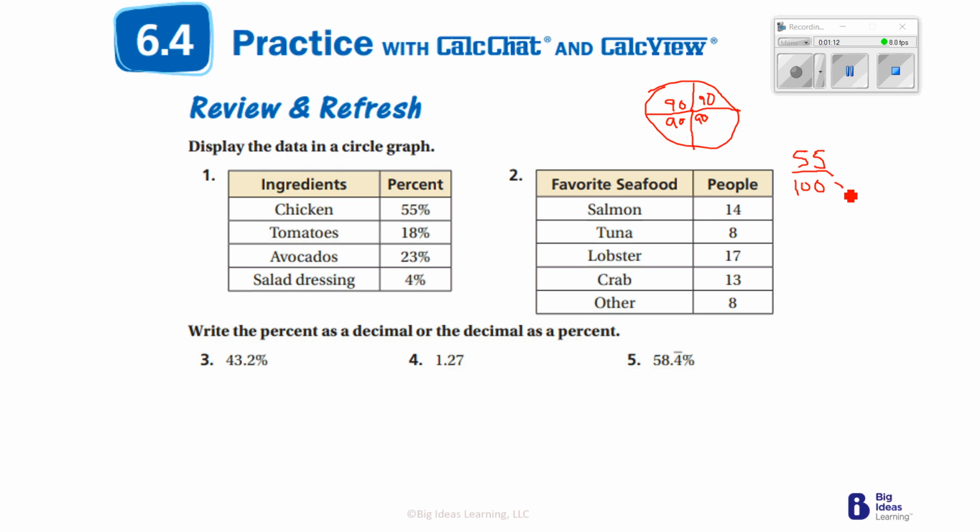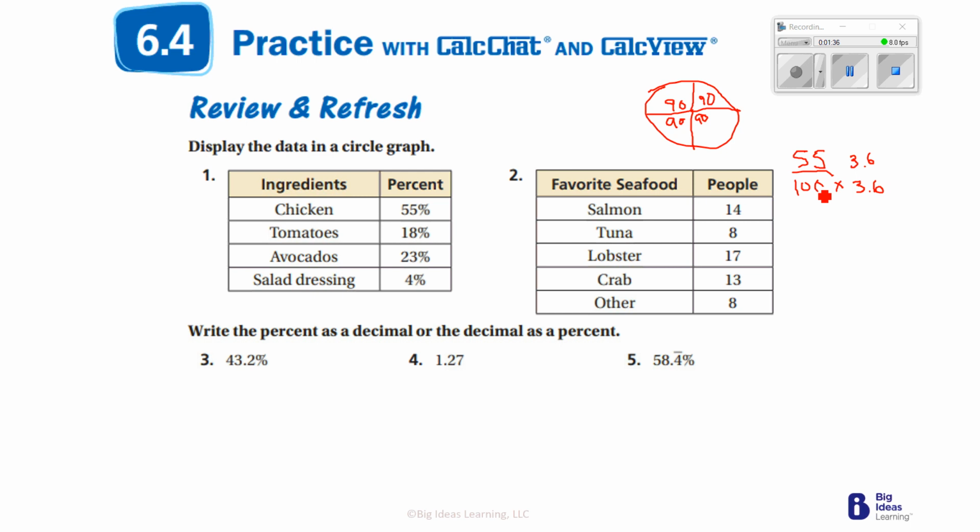So I have to multiply 100 by 3.6 to get 360 degrees, which means I'd have to multiply 55 by 3.6. And I'm going to do this to every one of these numbers down here.